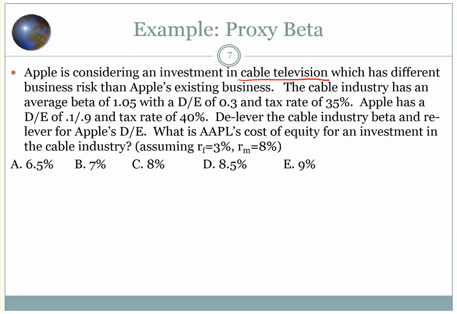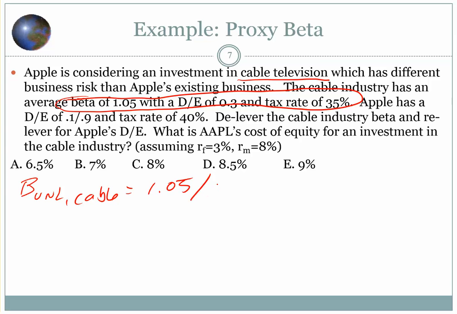So in this example, what we're going to do is take the cable industry's beta, D/E, and tax rate, or maybe even just a big competitor like Comcast. Use that and calculate an unlevered beta. So the unlevered beta for the cable industry would just be the levered beta over 1 plus the after-tax D/E, giving an unlevered beta of 0.879.